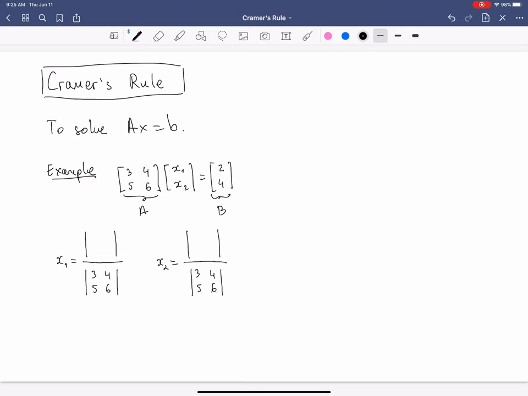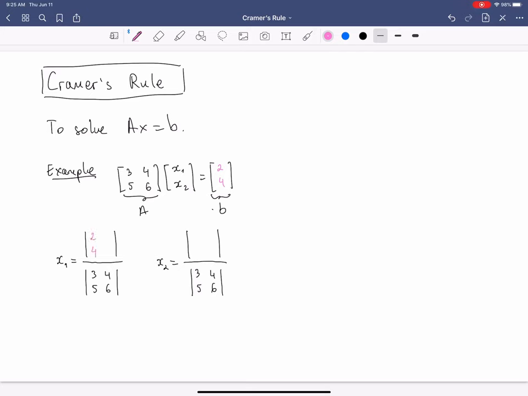Now, where does the vector b go? I should have a lowercase b here. So this is 2, 4. Now, the vector b, when I'm trying to find x1, will go into the first column of the numerator determinant.